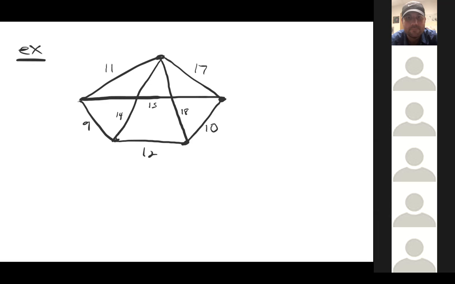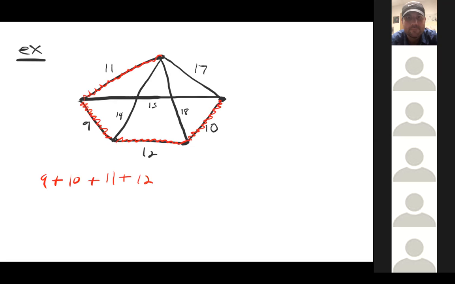All right, so what would I choose first? What's the smallest one? 9. All right, choose 9. What's next? 10. Right? Next would be 11. Then would be 12. Am I done? Yep.